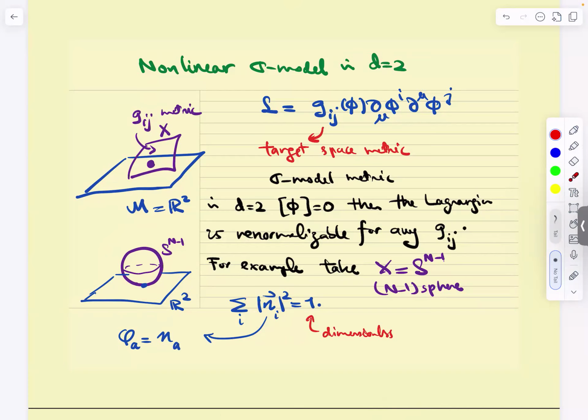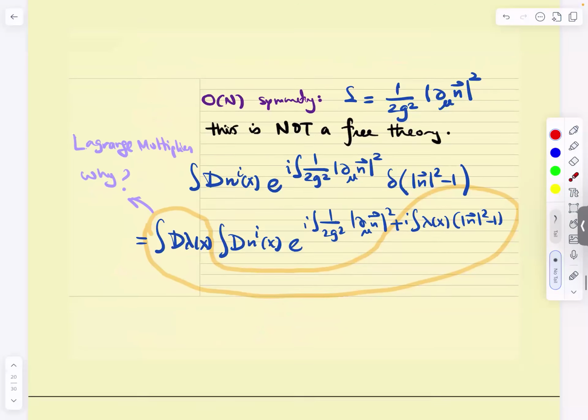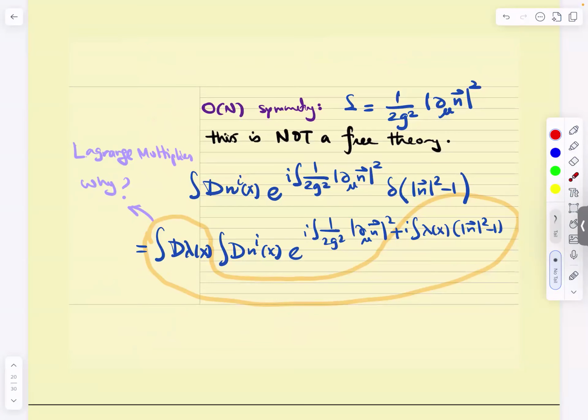Is it clear why this is called a nonlinear sigma model as opposed to a linear sigma model? If it's not clear, let's do it. So this is an O(N) model. This is a linear sigma model. The nonlinear sigma model has this extra constraint that the norm of n is fixed.